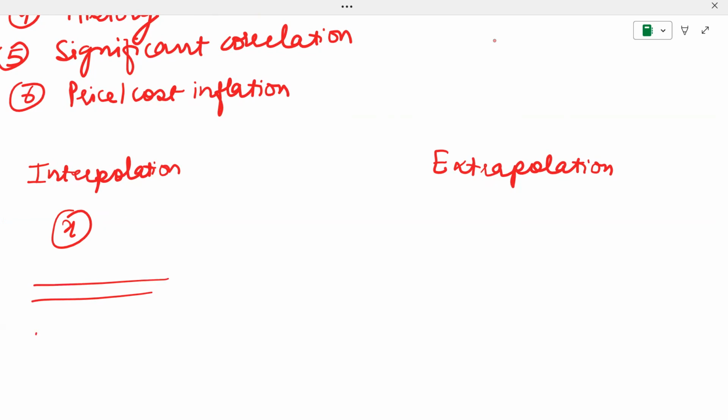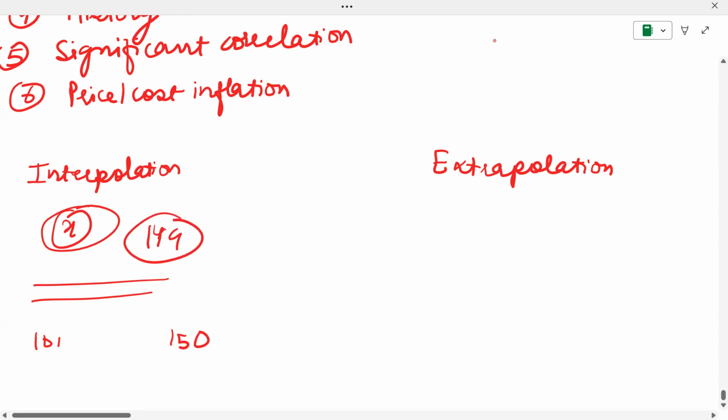So probably my original data was between 101 and, let's suppose, 150. If my actual value of x comes out to be 149, that means this data is within my range, so this will be called interpolation.